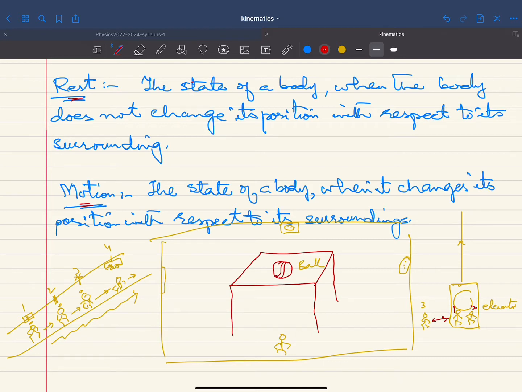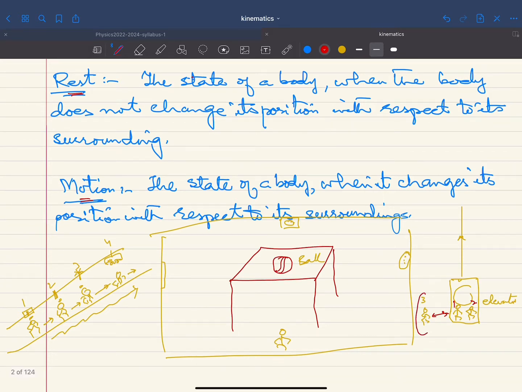Another very interesting thing is that 1 and 2 can say that we are not moving, person 3 is moving, but person 3 can say that I am not moving, but these two, person 1 and person 2, are moving. So we have to consider what the surrounding is.